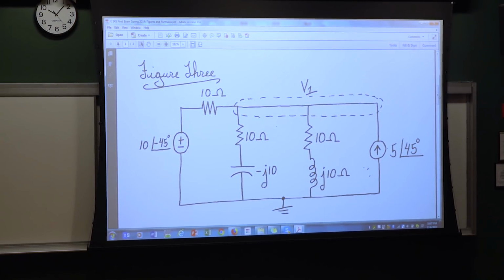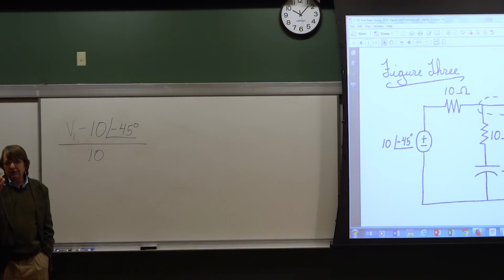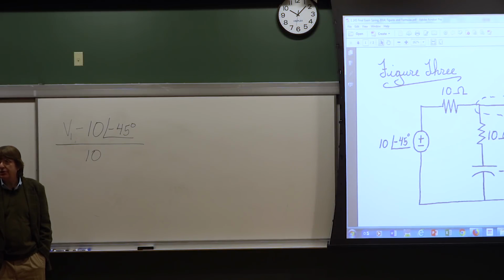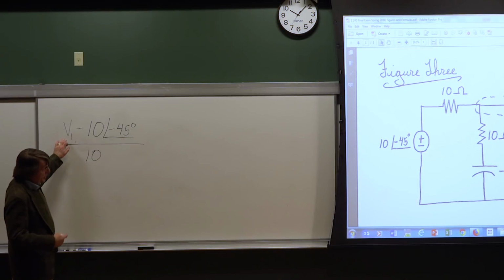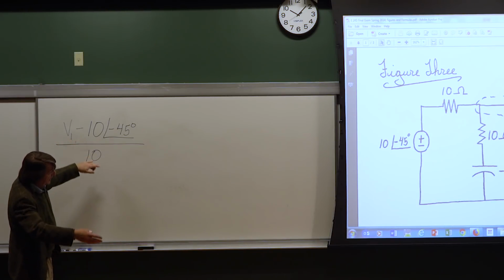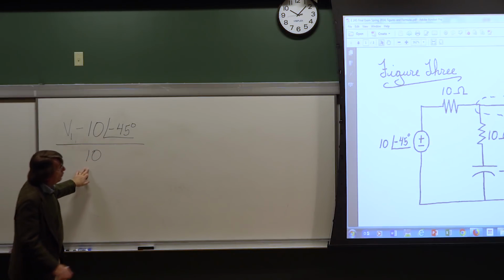Now let me stop. This reminds me very much of the second problem where we had to write nodal for the capacitor. It's very similar. So I'm in the node, so I assume I'm at the highest point. So it's V1 minus Vs, which is 10 at an angle of minus 45, over 10.